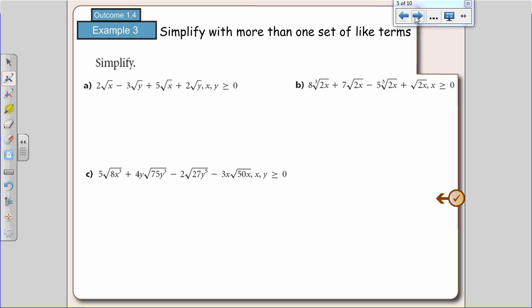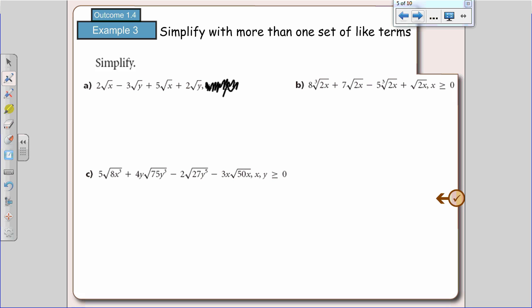So for instance, if we looked at this question right now, just like it is right now, you see 2 root x minus 3 root 3y plus 5 root x plus 2 root y. That's your question. No restrictions. That means x and y can be any number.